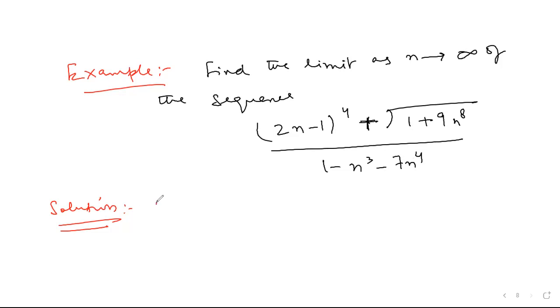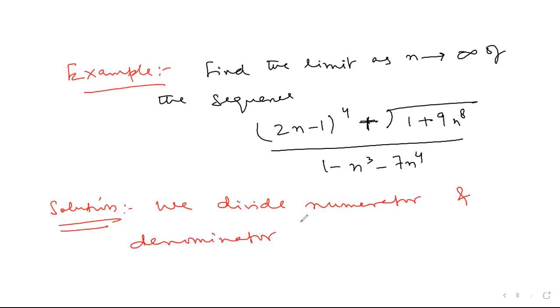So what we do, we divide numerator and denominator by n raised to 4 and take the limit as n tends to infinity.